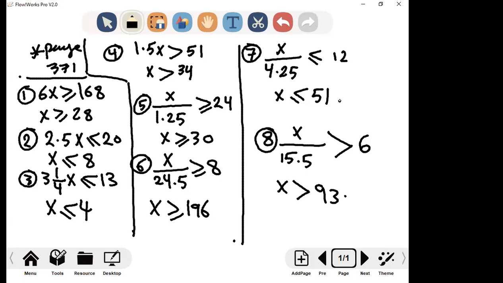Means 7, 8, 9, right? If each one gift costs 15.5, let's assume another thing, right? If you want to buy 4 books or more, and each book costs $3, okay? If you have $30, how many books can you have? 10.